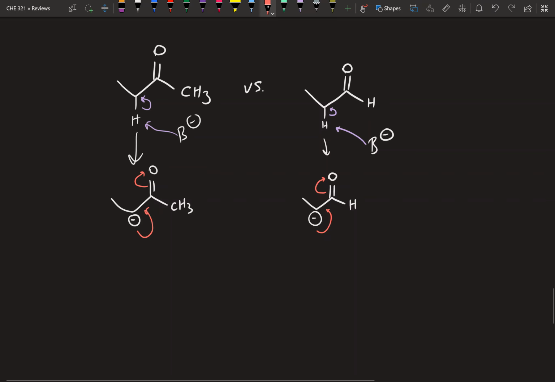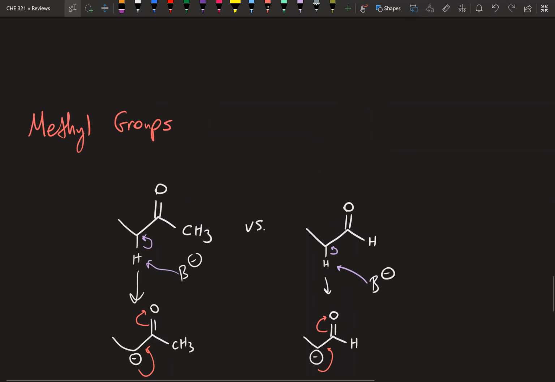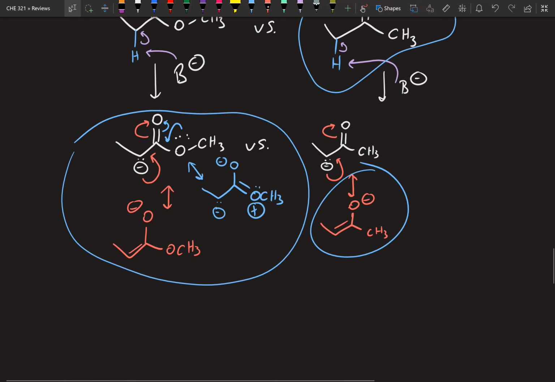And so we can look at the resonance, but there is a factor here that determines which is more acidic. That's the presence of that methyl group on the left-hand side of the left compound. So the thing about methyl groups is that they are known as electron donating groups. Okay, just as this OCH3 over here can resonate and donate electrons into the system, that oxygen donated electrons and made a double bond.